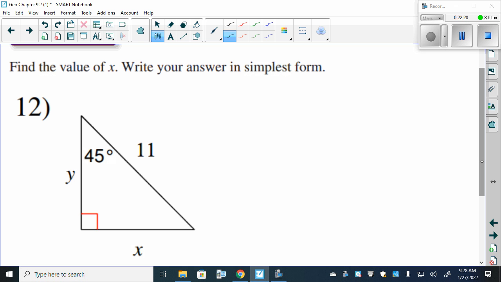Yeah, I want it to be 11. I'll have to fix that later. I was looking to see what the next one was. 12.